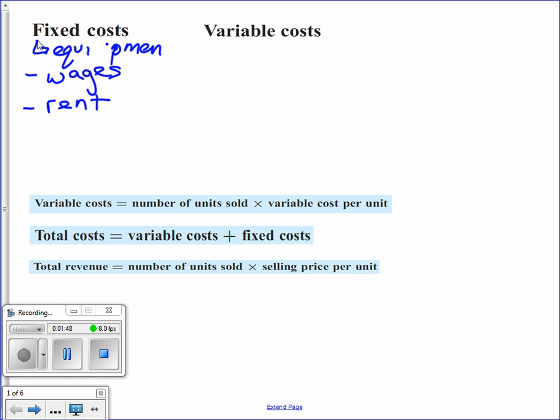What are our variable costs going to be? Yeah, so the product. But what about the product? It really depends on how much you sell, doesn't it? If you sell 10 hamburgers, you might need 1 lettuce and 4 tomatoes.